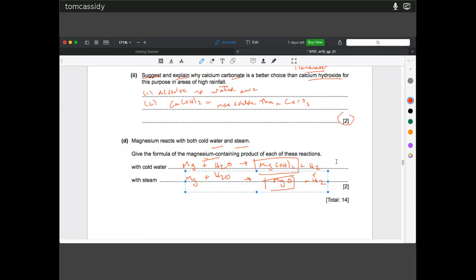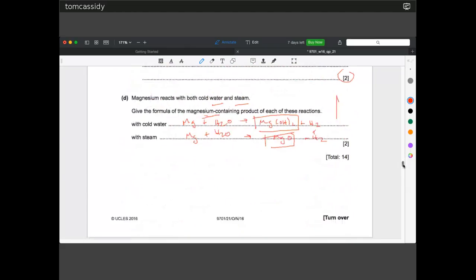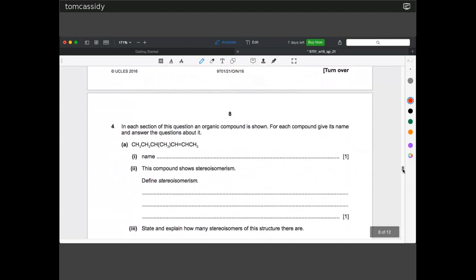Okay, moving on. This one, scrolling up. All right, moved on to question 4. We're now being asked a question about stereoisomerism. And you should know 2 types of stereoisomerism.